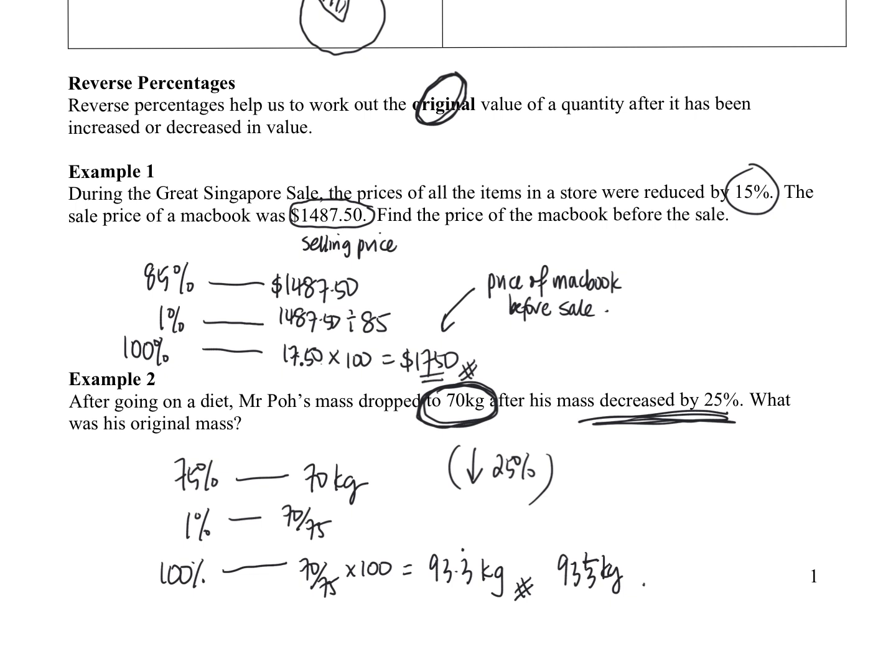So you can write exact in this way: 93.33333, just put a dot for the recurring decimal, or give me 93 and 1/3. If you write 93.3, you need to give me 3 SF. But this is even better. Give me the exact.